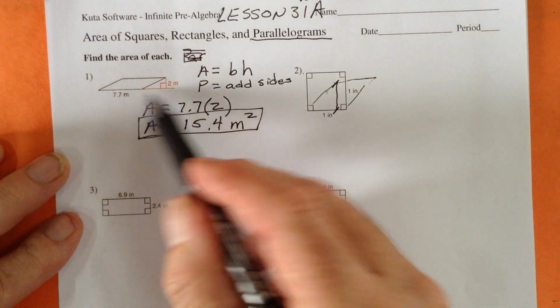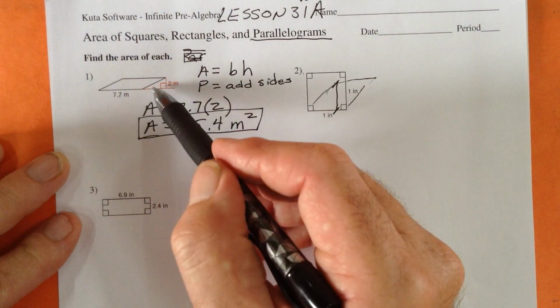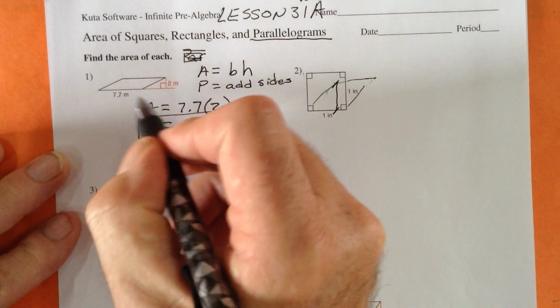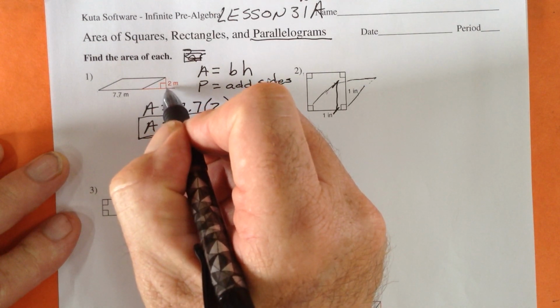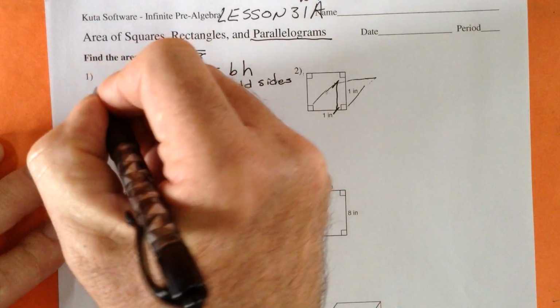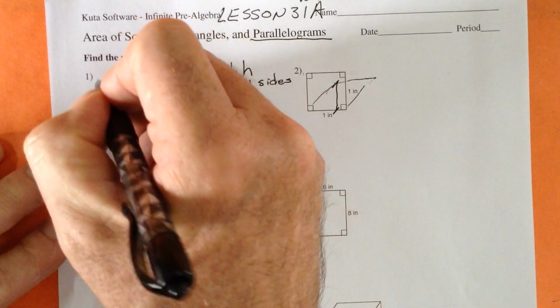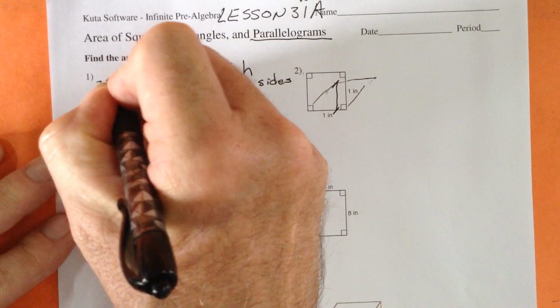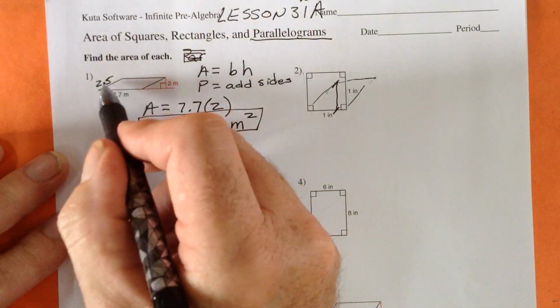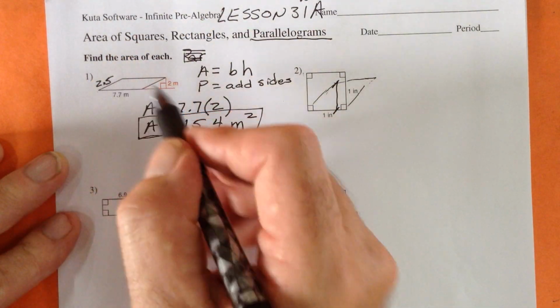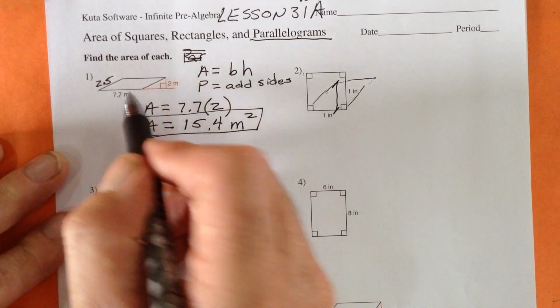Now, to find the perimeter, again, you just add up all the sides. But sometimes people think the height is one of the sides, and it is not. If they're asking for the perimeter, they usually will tell you the two sides. Let's pretend this is 2.5 and this is 7.7.